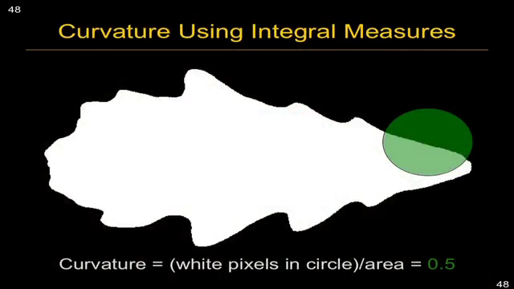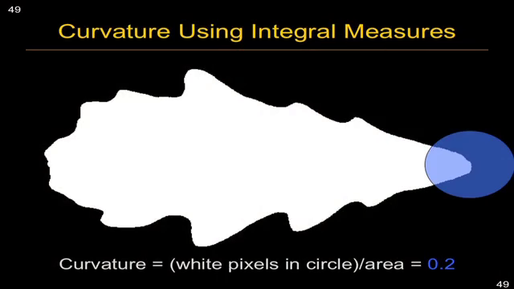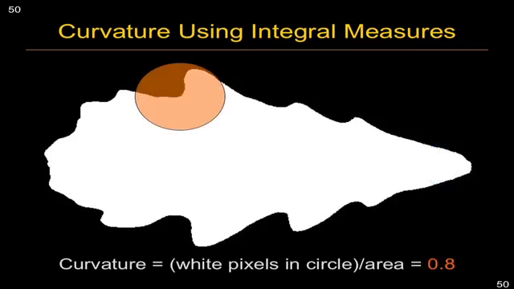The idea is that we take a small disk and move this disk around the leaf. At each location, we measure what fraction of the leaf is inside the disk. So what fraction of the disk is leaf and what fraction is background.